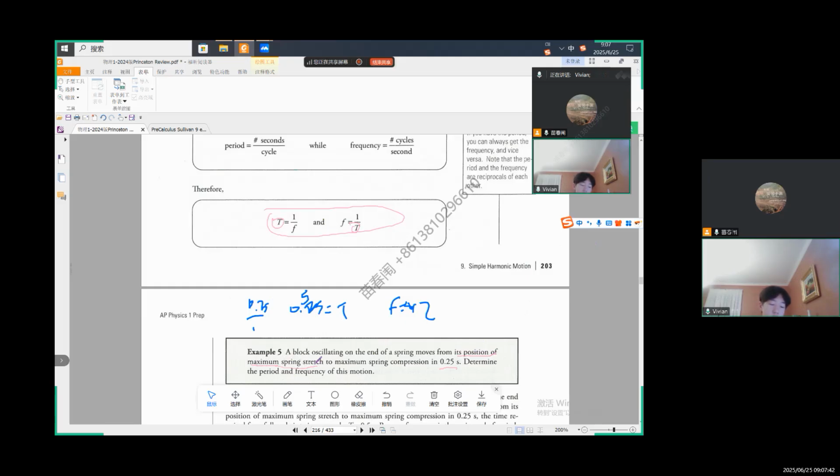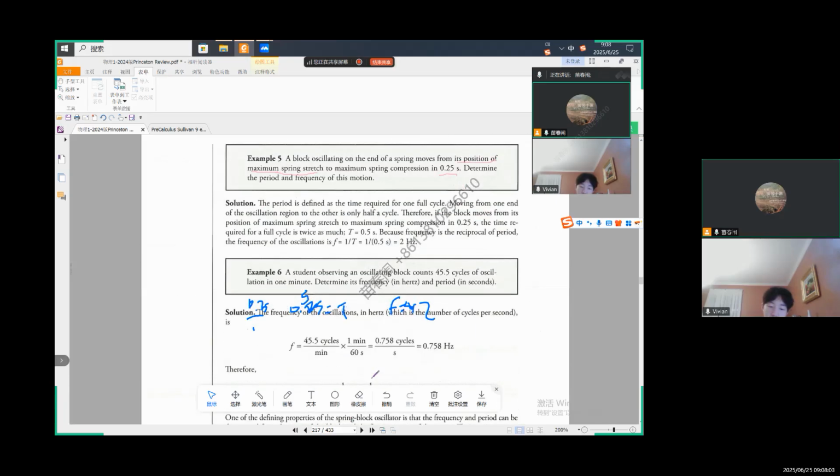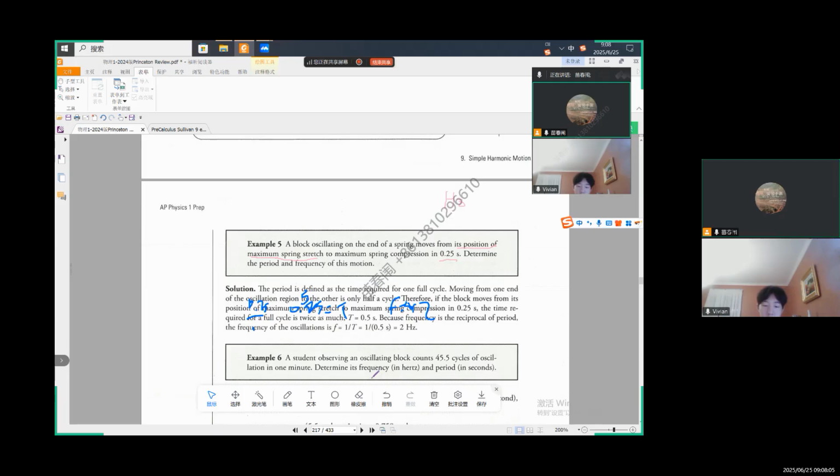And the unit is what? Hertz. And the period unit is basically seconds, right? But this is a certain time, 1 second. Don't forget whether they give you the period or half the period. It depends, I guess.